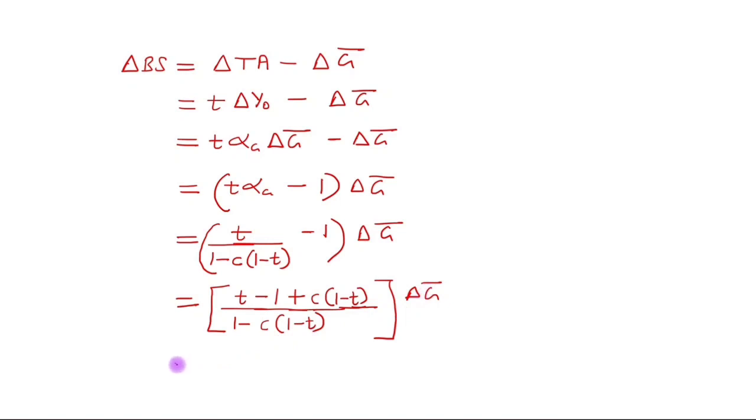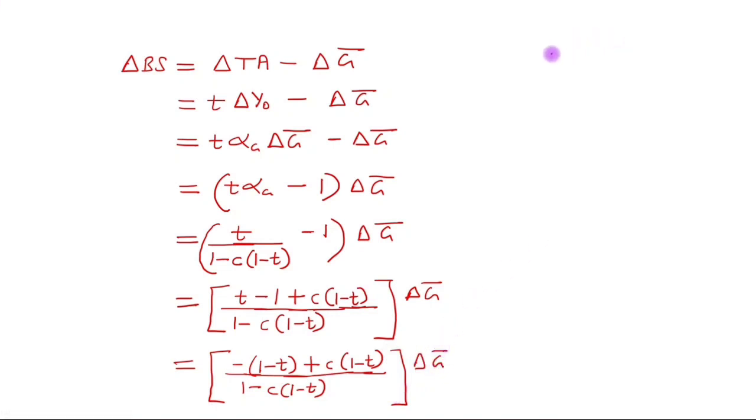In the next step, we will write 1 minus MPC times 1 minus tax rate, and we will take minus 1 common from these terms, so it will be minus 1 minus t plus c times 1 minus t, and change in G bar.